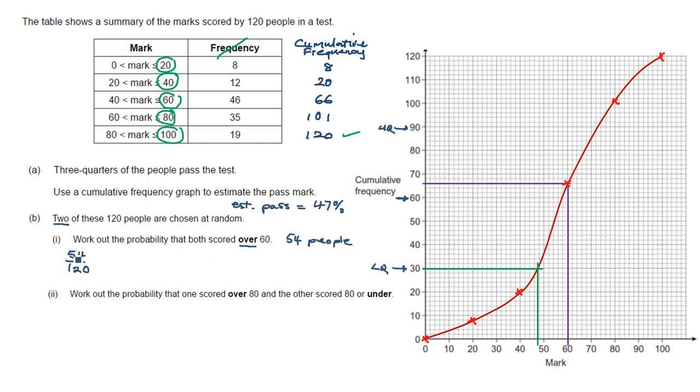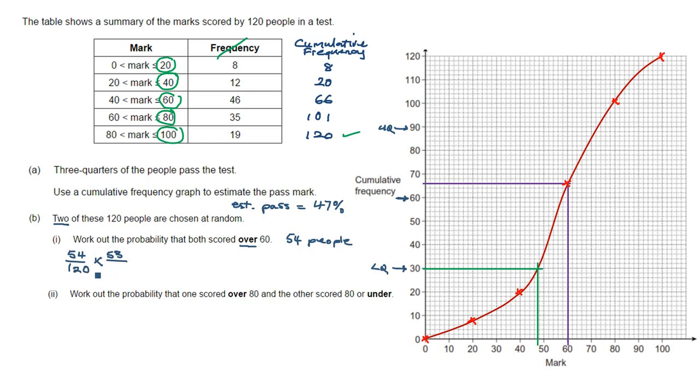We've only got 54 people out of 120, so that's our probability of choosing somebody who scores over 60. Okay, now we've got a second person. Now that's pretty unlikely, so we're going to multiply. Okay, that's bringing the probability down, so we're going to multiply by another probability for the second person. Well, there are only 53 people left. We've chosen one already, so it must be 53.